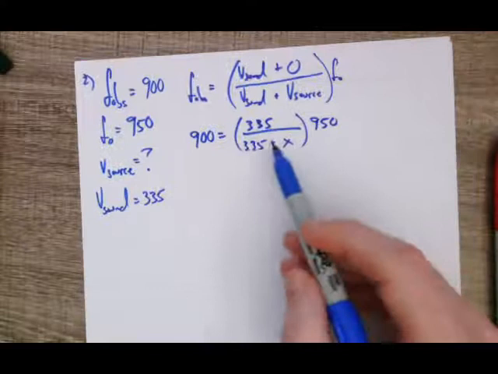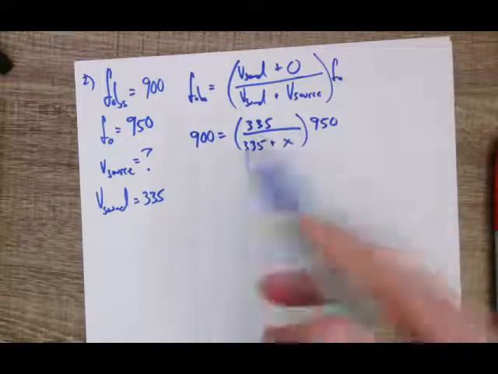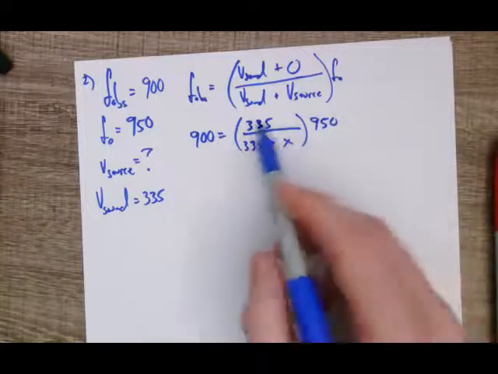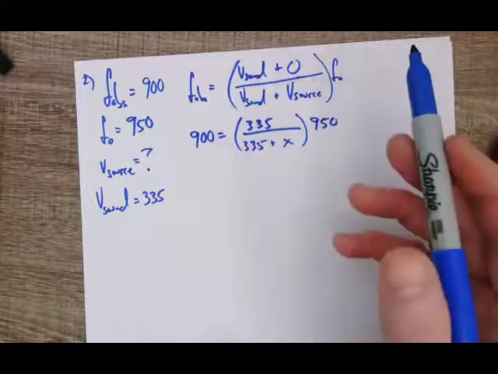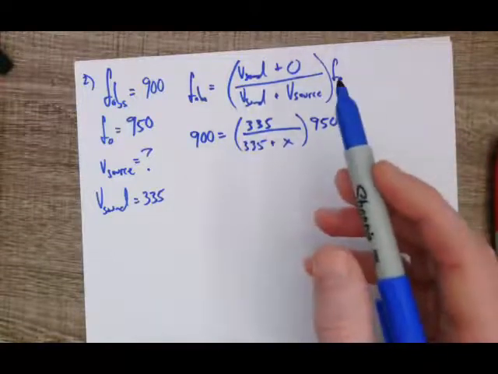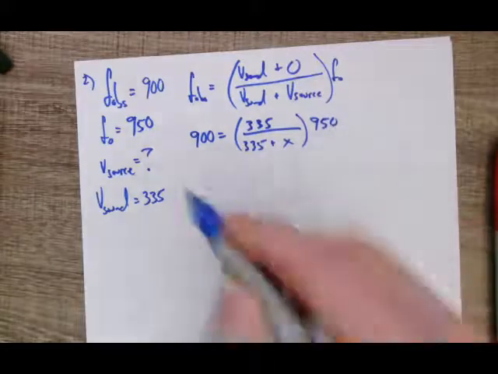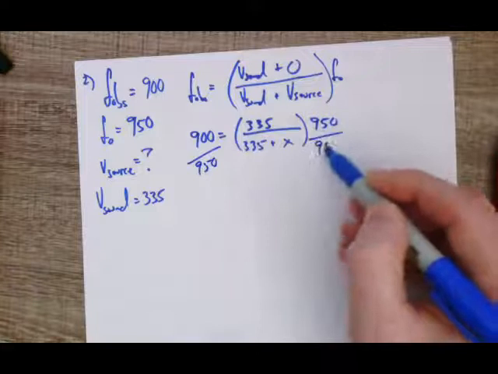We can do this a few different ways. I'm tempted to multiply this 950 through instead of dividing it. You can do either one. It might be a better habit if we divide both sides by 950, to move towards getting that x isolated.